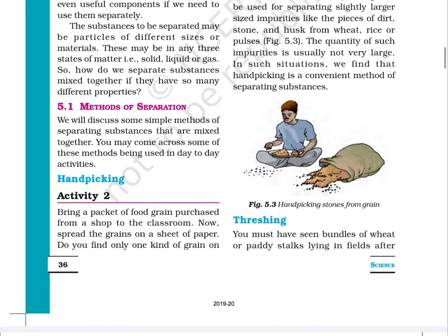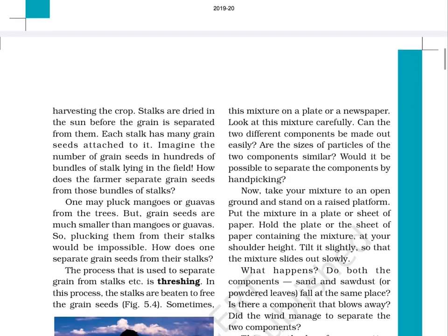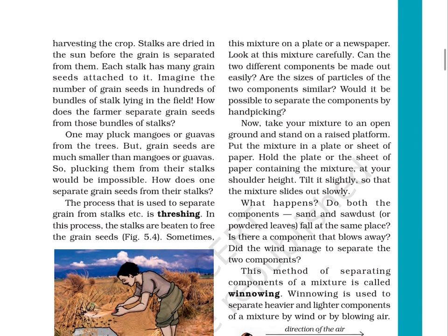Threshing. You must have seen bundles of wheat or paddy stalks lying in fields after harvesting the crop. Stalks are dried in the sun before the grain is separated from them. Page 37. Each stalk has many grain seeds attached to it. Imagine the number of grain seeds in hundreds of bundles of stalk lying in the field.